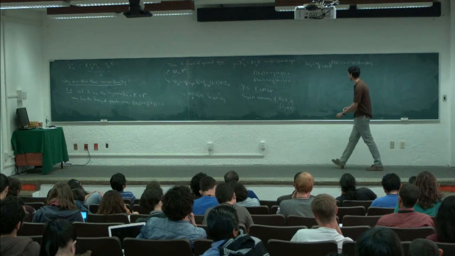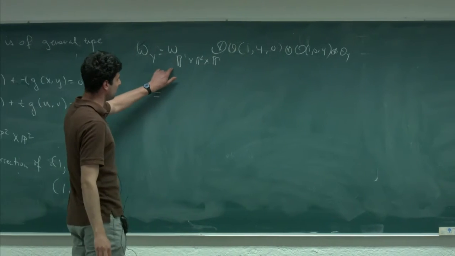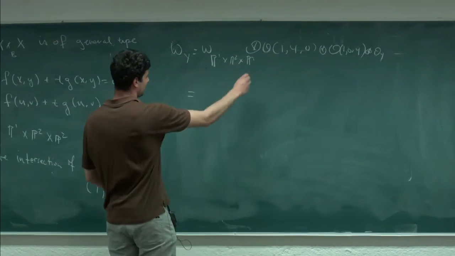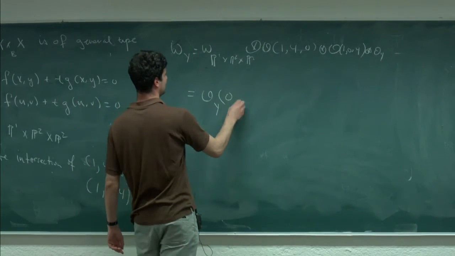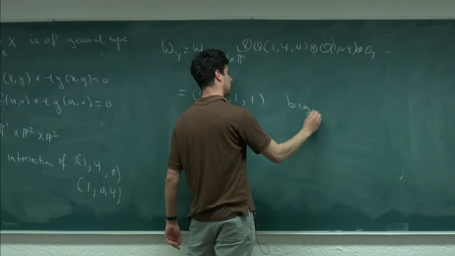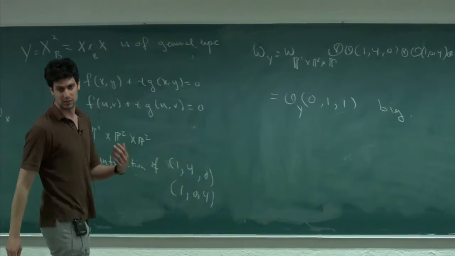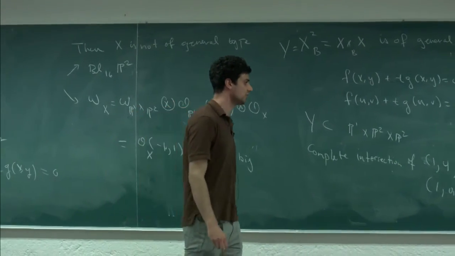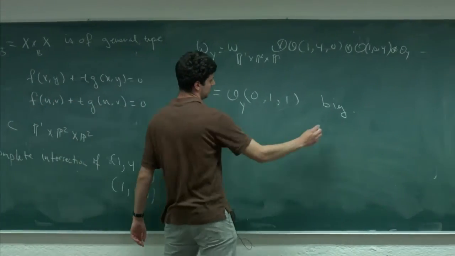So now what do I get? I have minus 2, 1, 1, so I get O(0, 1, 1). So this is big. But remember, we had two things that we had to check. If it's general type, we also have to check the singularities are okay.